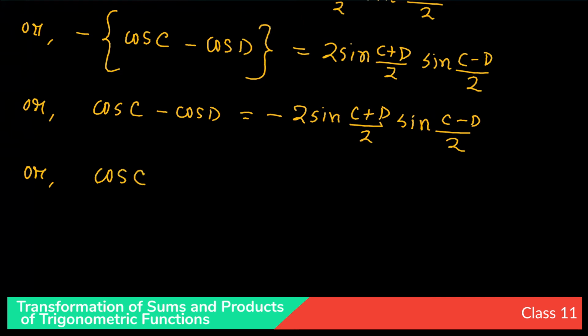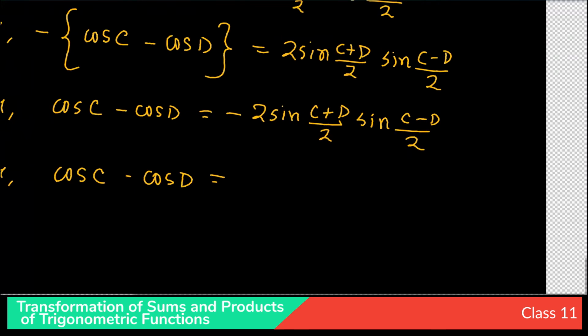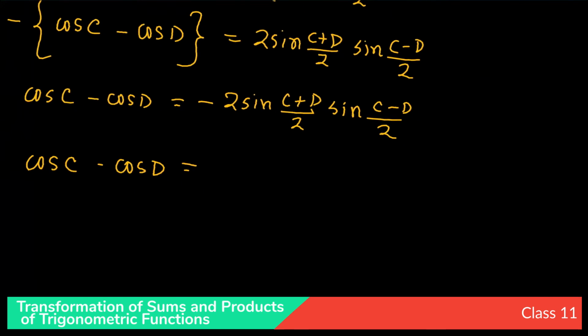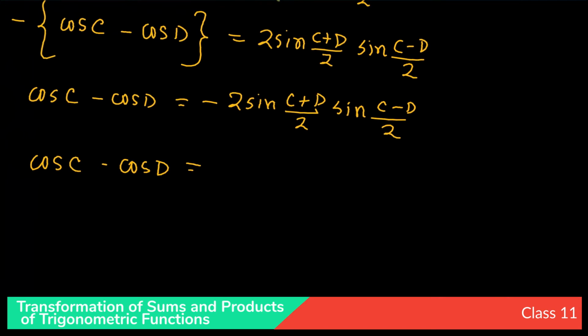Now I can write cos c minus cos d is equal to, if we want to remove this negative sign from the front, we can just multiply this minus into one of the sines. So 2 sine c plus d by 2, no problem with that.